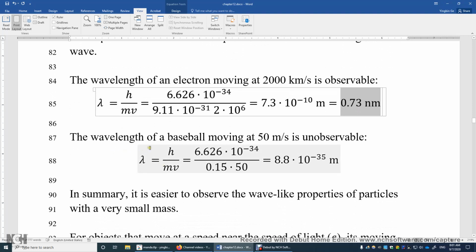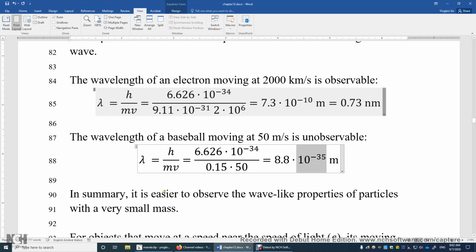The wavelength of a baseball moving at 50 meters per second is unobservable. Again, you plug in the three numbers. The wavelength of the baseball is 10 to the power of negative 35 meters. This short wavelength is unobservable.